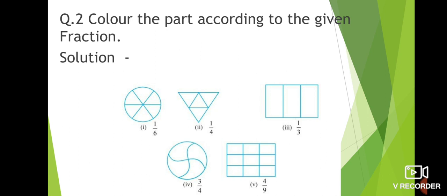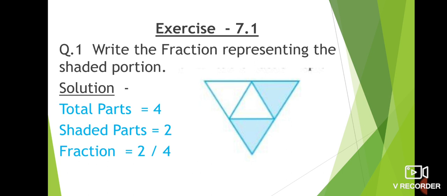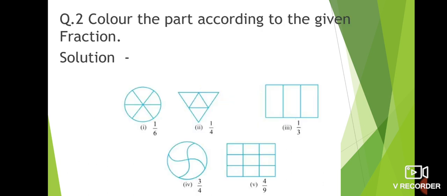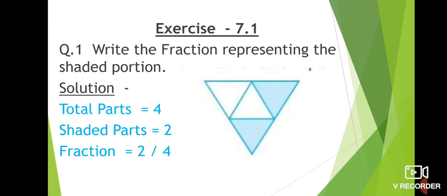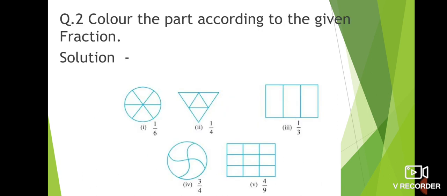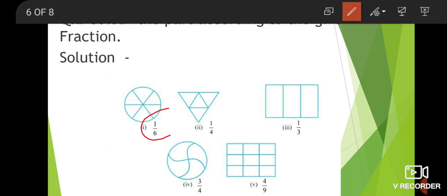Question number 2, color the part according to the given fraction. In the previous question, they gave us a shaded figure, and we had to write the fraction of that figure. But in question number 2, we have the fraction, and we have to color the figure according to the given fraction.